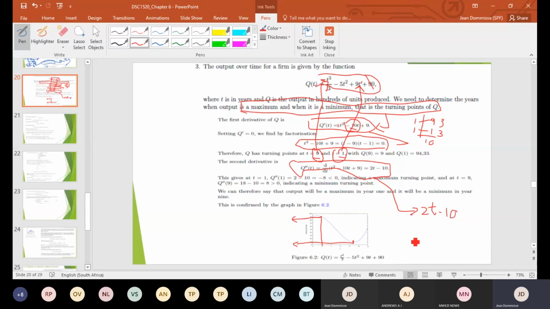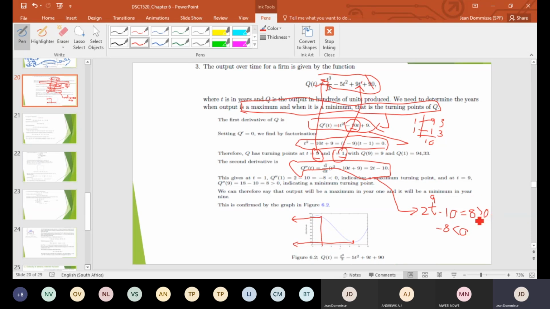So at t equal to 9, we get 8, which is bigger than 0. At t equal to 1, if we put t equal to 1 in there, it would have been 2 times 1, which would have given us 2. 2 minus 10 would have given us minus 8, which is smaller than 0.